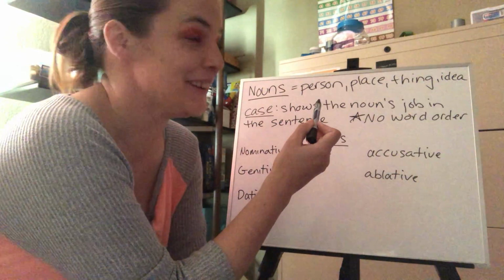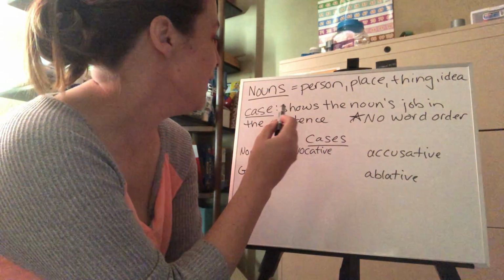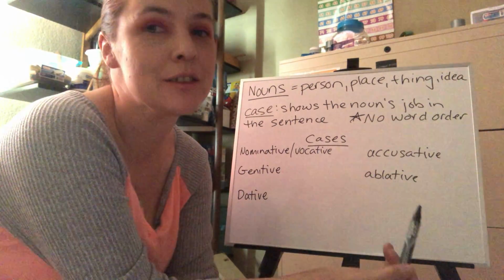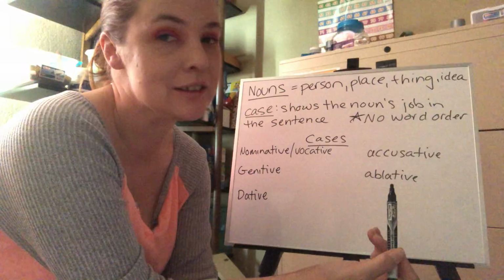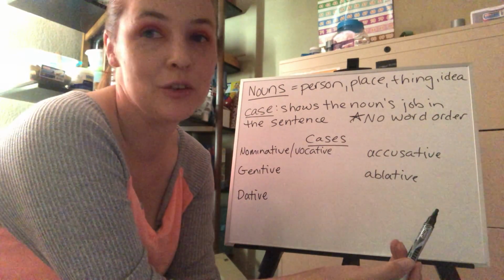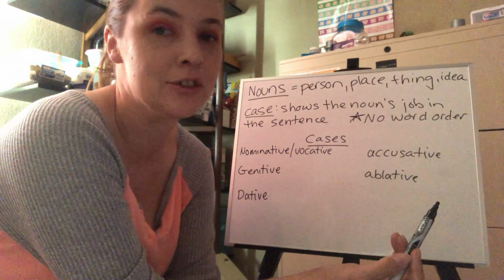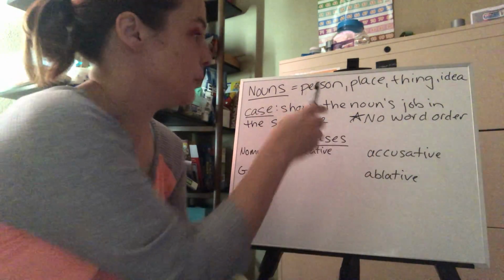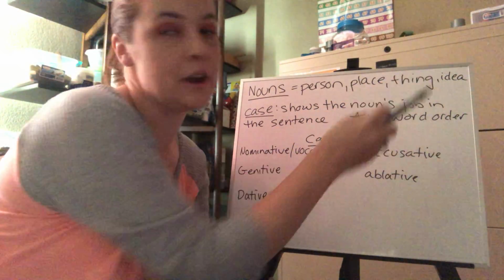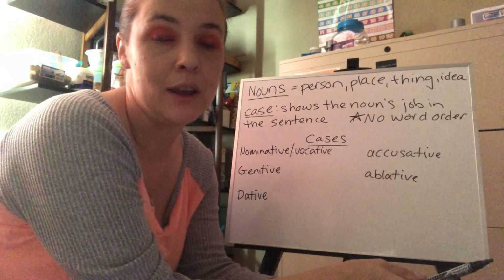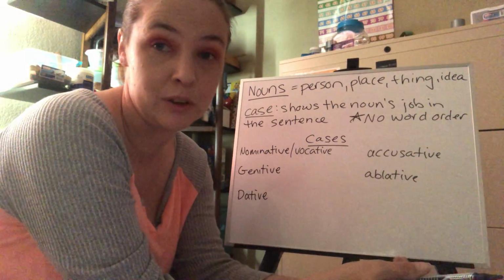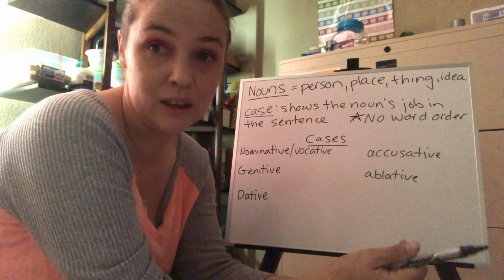Okay, so, nouns. Hopefully you know what a noun is, but in case you're fuzzy or in case it's not something that you've been taught properly in your English class, here it is. It's a person, place, thing, or idea, okay? And we can have proper nouns, which are specific places, specific people, specific things.